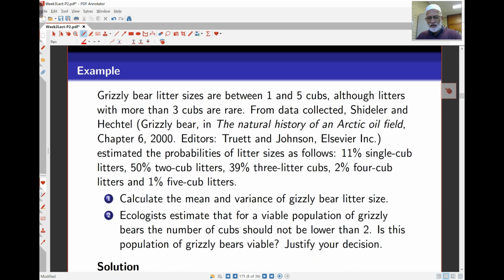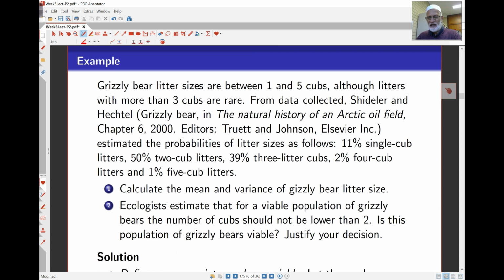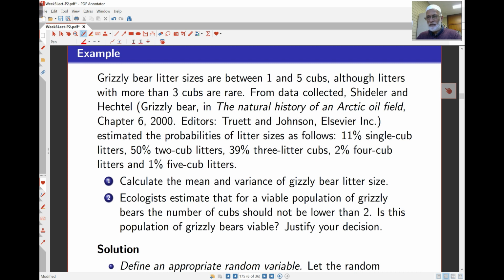Another example: grizzly bear litter sizes are between 1 and 5 cubs, although litters with more than 3 cubs are rare. From data collected by Schittler and Hetzel, in a book here actually, so this is a real article.